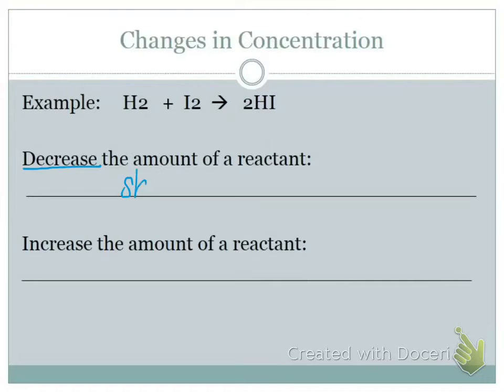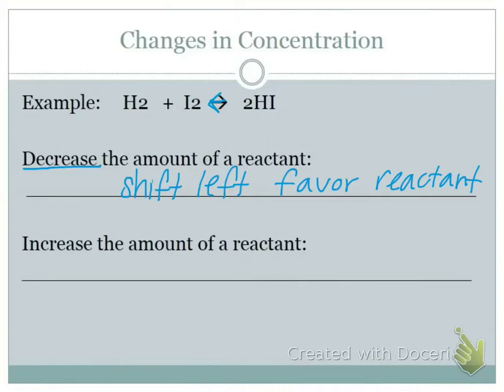So it would actually shift left, which would favor my reactants, meaning I would start to make more reactants. The reverse reaction would be favored, which means shifting to the left. That should have been a double-headed arrow there. I didn't realize it wasn't. So it would shift this way, the reverse, and start making more reactant.